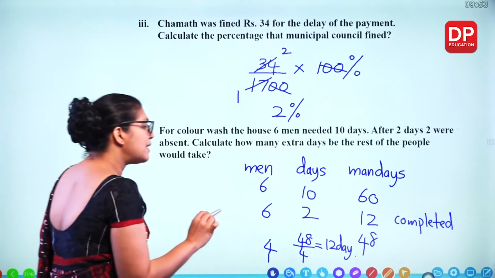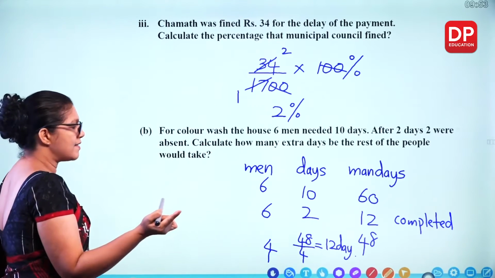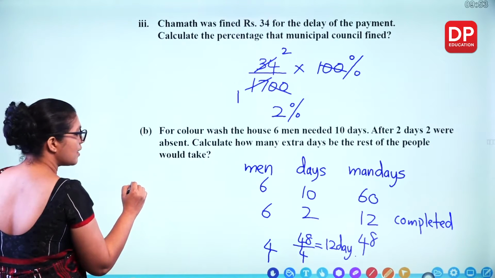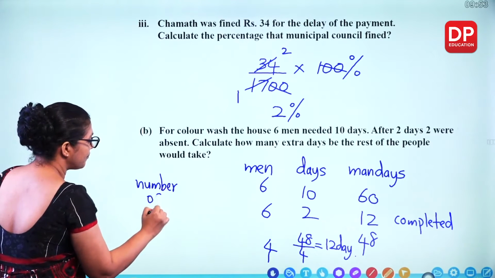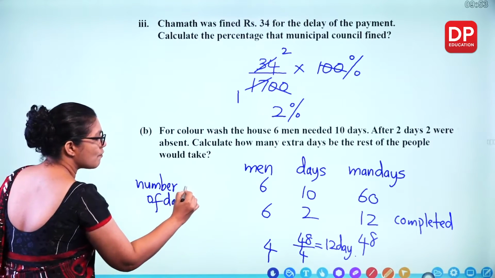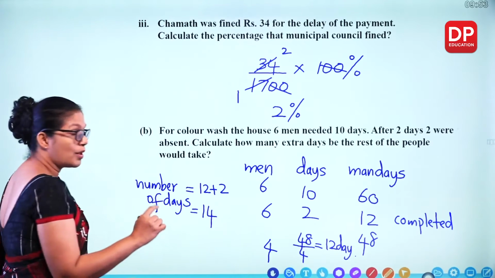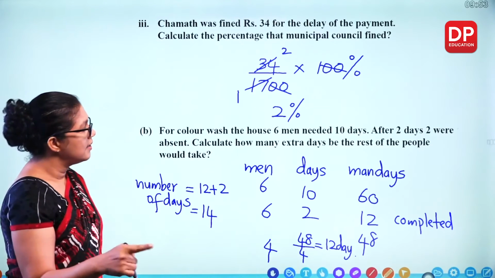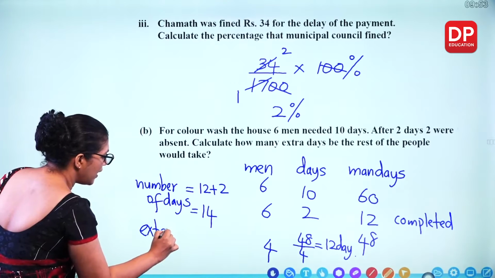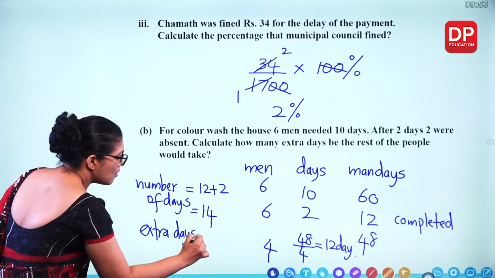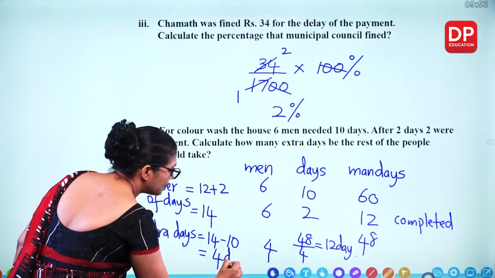So what's the total number of days? 2 days completed and another 12 days. Altogether, 14 days, 12 plus 2. But earlier, 10 days. So how many extra days needed now? Extra days becomes 14 minus 10. That's 4 days.